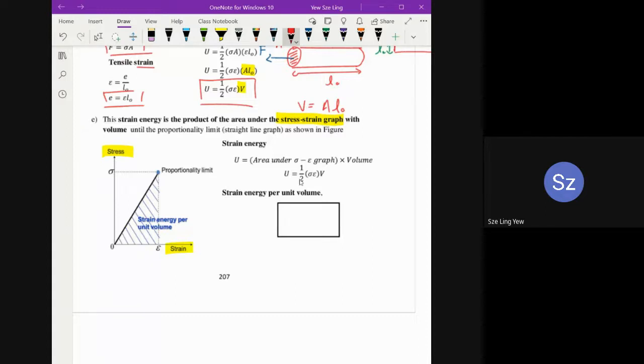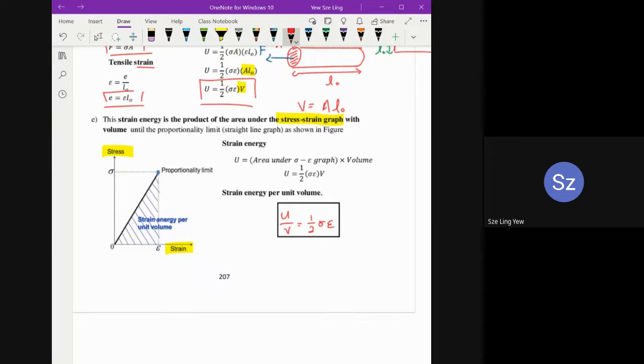So U equals 1 over 2 sigma epsilon V. Based on this diagram, U over V equals 1 over 2 sigma epsilon. If you rearrange the equation above, you obtain U over V equals 1 over 2 sigma epsilon, and that represents the area under the stress-strain graph.